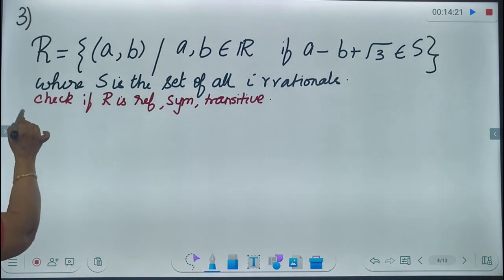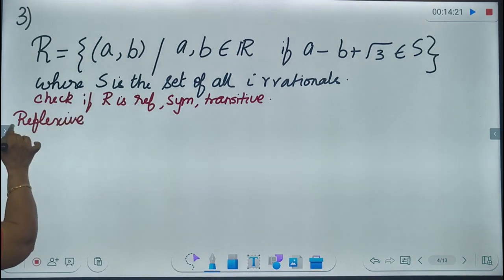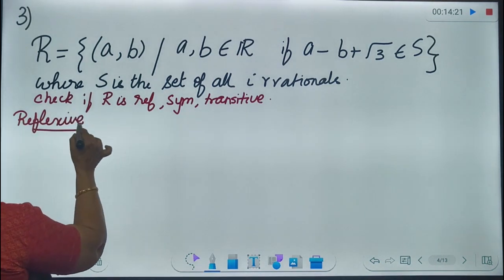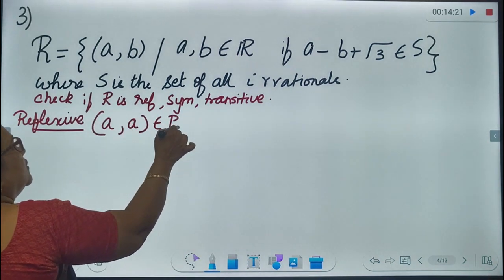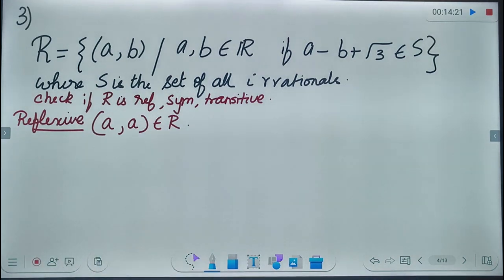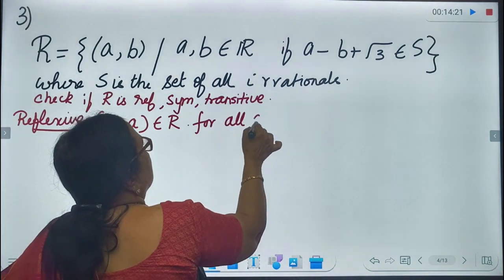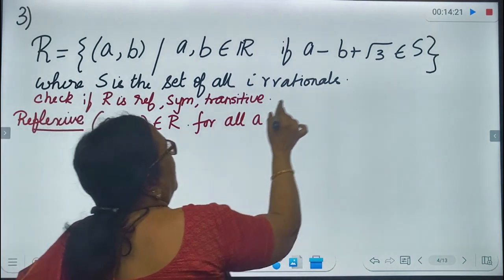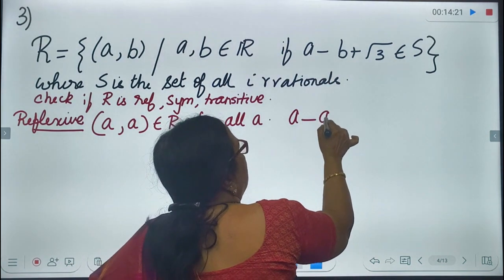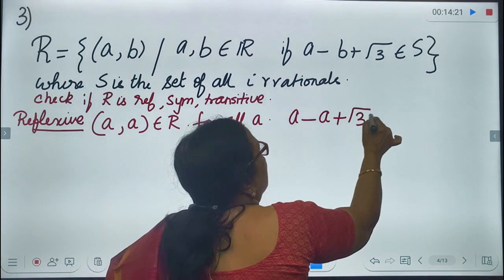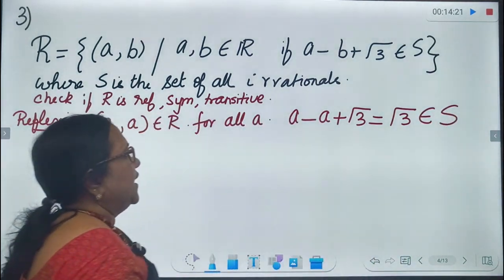So, first let us check reflexive. That means, is (A, A) in R? Does (A, A) belong to R for every A? Look at A minus A plus root 3, which is root 3, which belongs to the set of all irrationals.